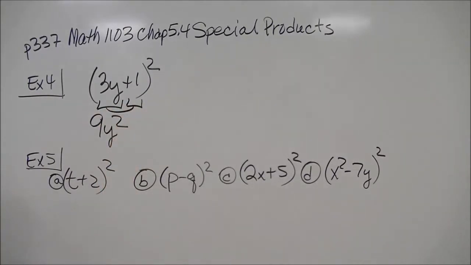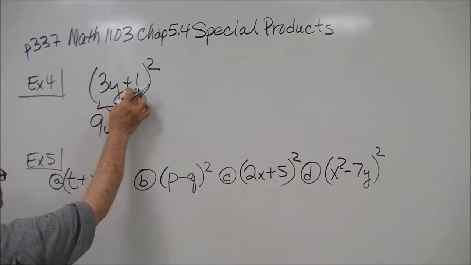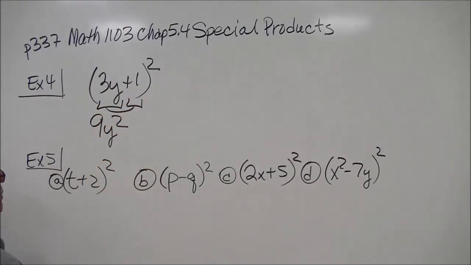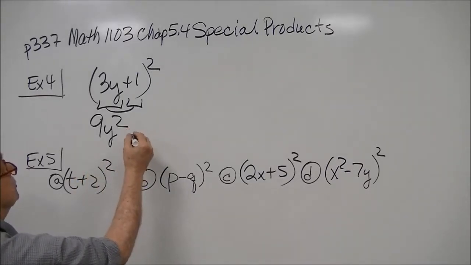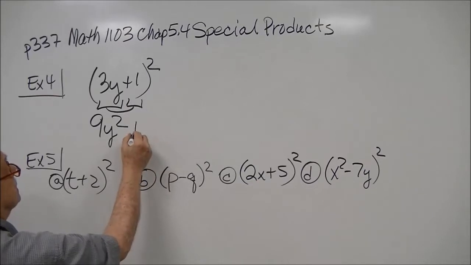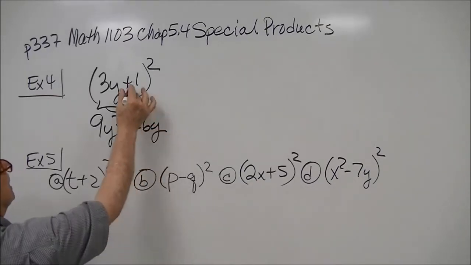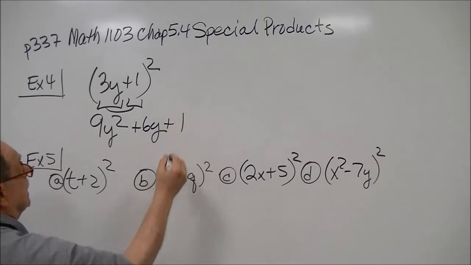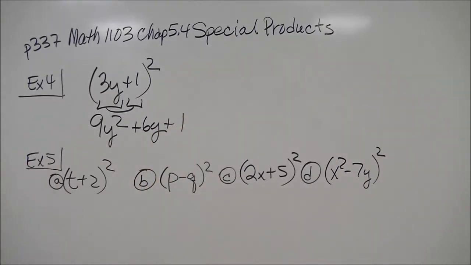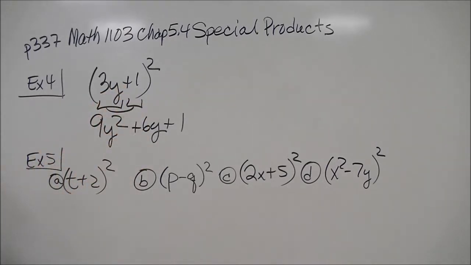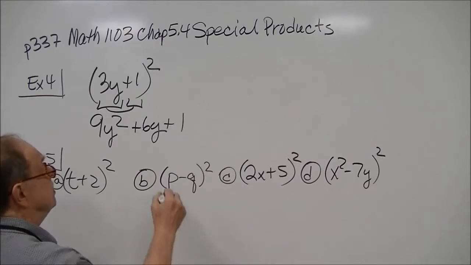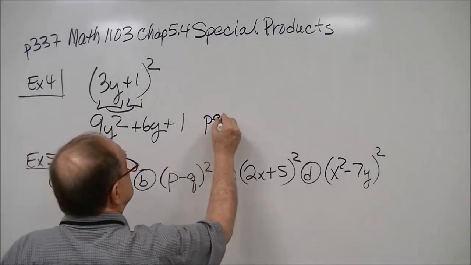Multiply these two terms together. That gives you 1 times this is 3y. Now times it by 2. So it'd be 3y times 2, double it, is a plus 6y. And then square the 1. Now this special product of squaring a binomial in this fashion gives you what we call a perfect square trinomial.